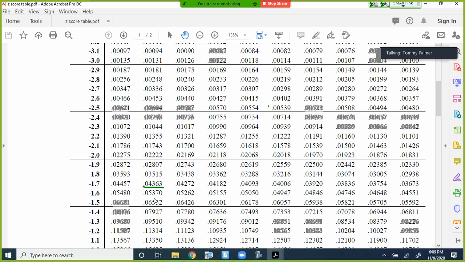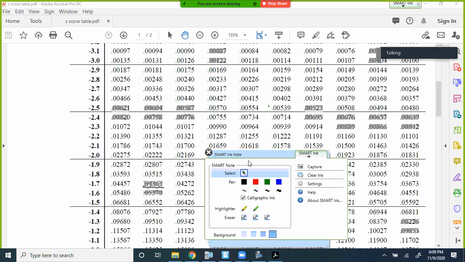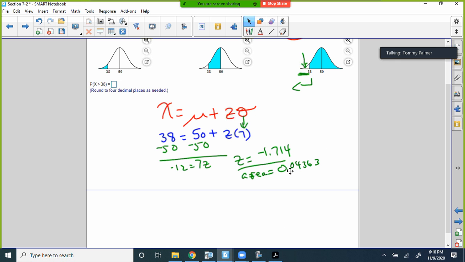You go, well, it's 4 thousandths more. Okay, it'll be okay, you're getting to the hundredths. So that's 0.04363. That's the area to the left of that. Y'all with me? So that's where I came up with this.